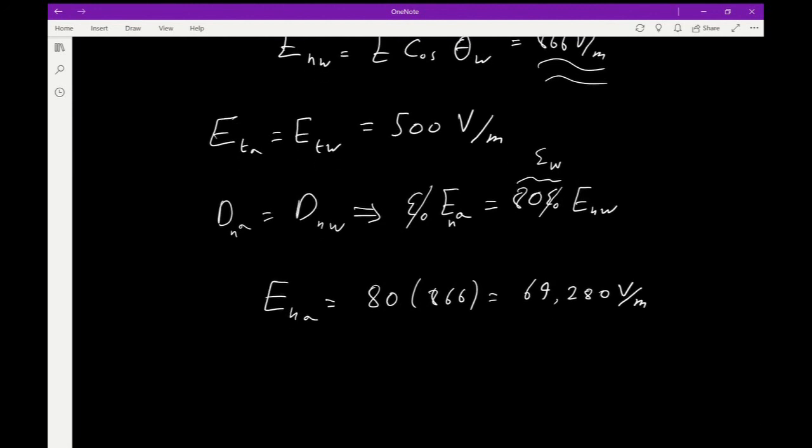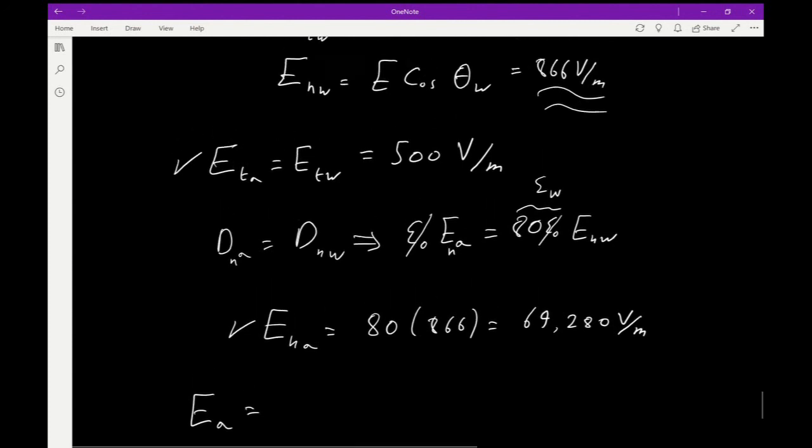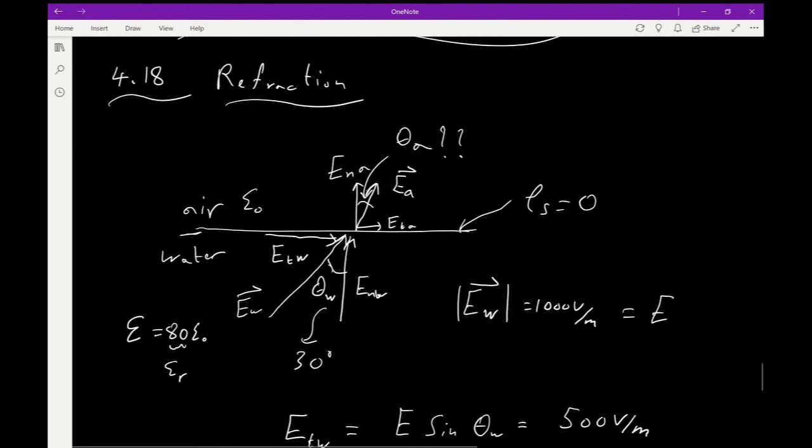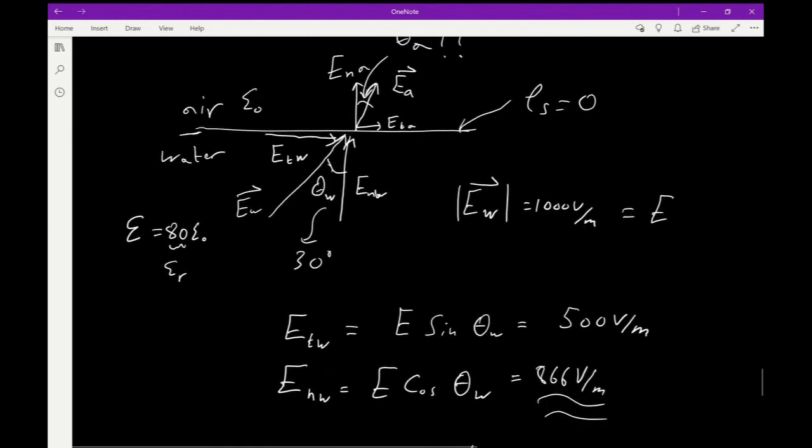So we have found both the tangential component of the electric field intensity in the air and the normal component. The magnitude of the field in the air is just found using Pythagoras' law. So this is EA and it has its two components.